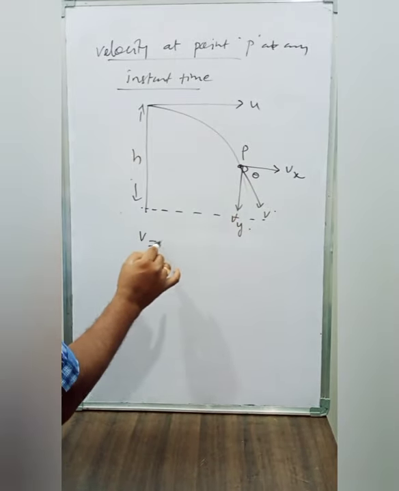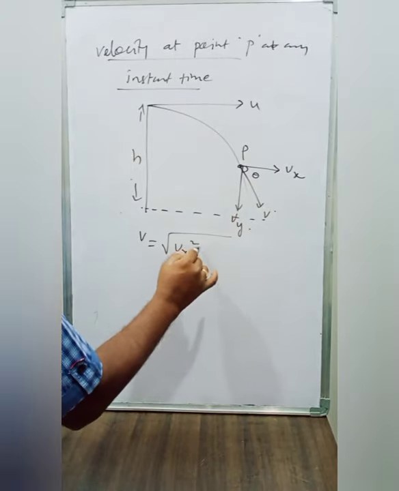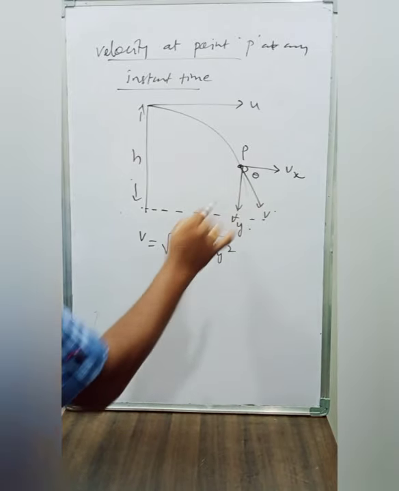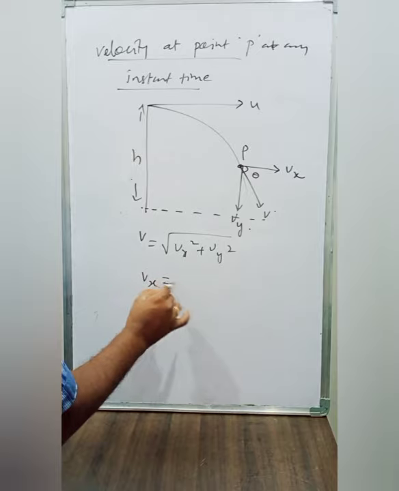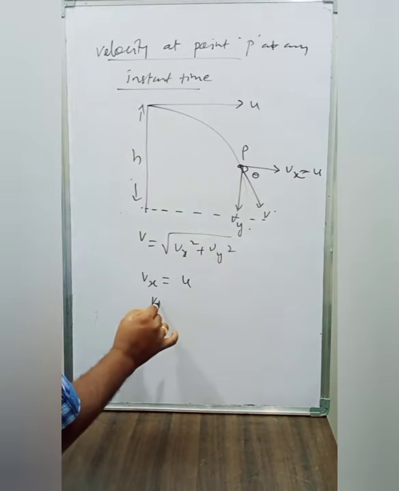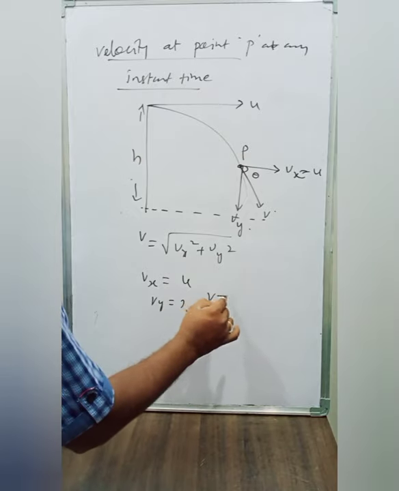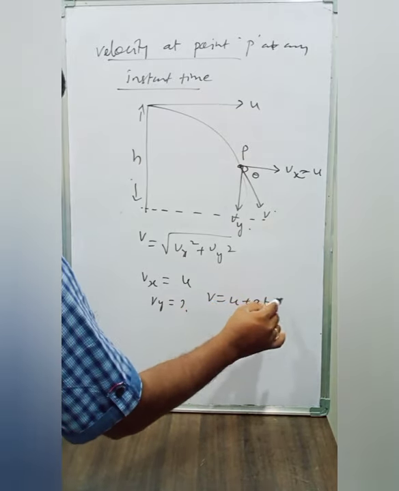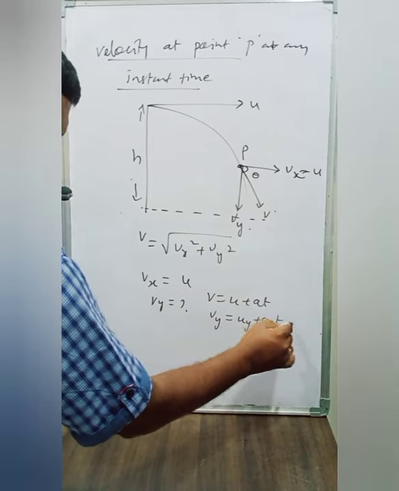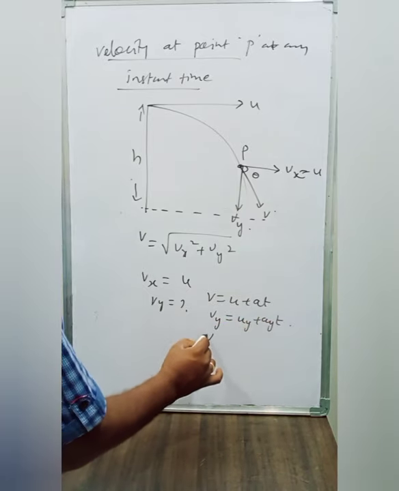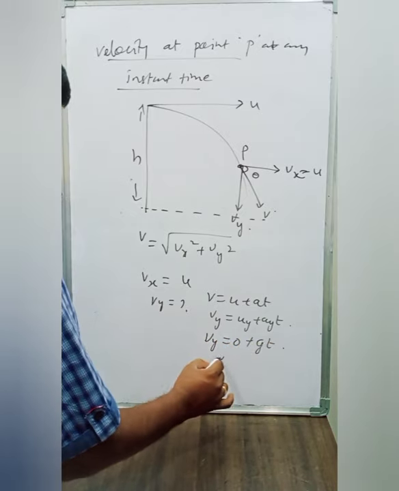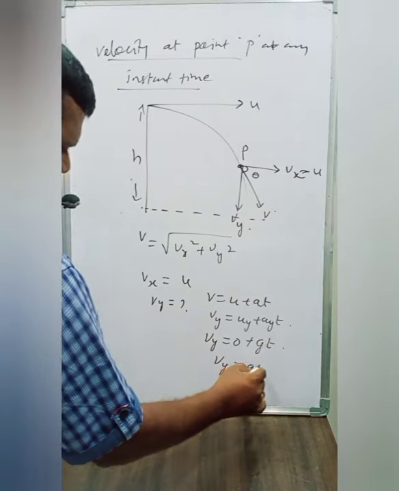Here v is equal to root over vx square plus vy square. From this diagram, vx is equal to u. Next, vy we calculate using v is equal to u plus at: vy is equal to uy plus ay t. Here uy is equal to 0, ay is g, therefore vy is equal to gt.